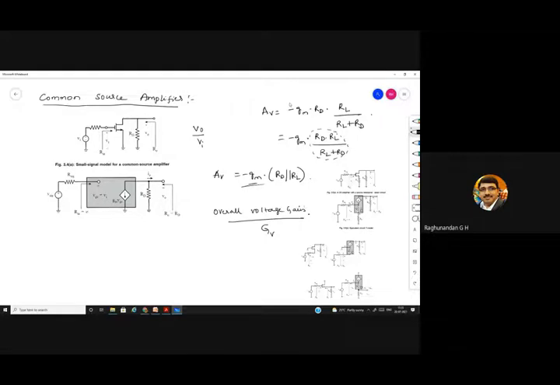When you take the overall voltage gain, you will be considering V naught by V signal. Even though it will be the same, the first step of representation will be V naught by V signal. So this will be equal to minus GM into RD parallel RL.